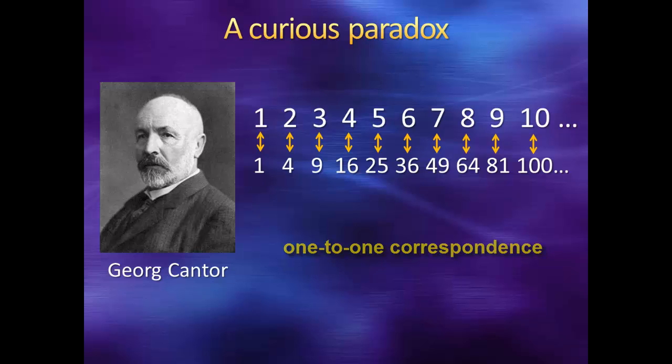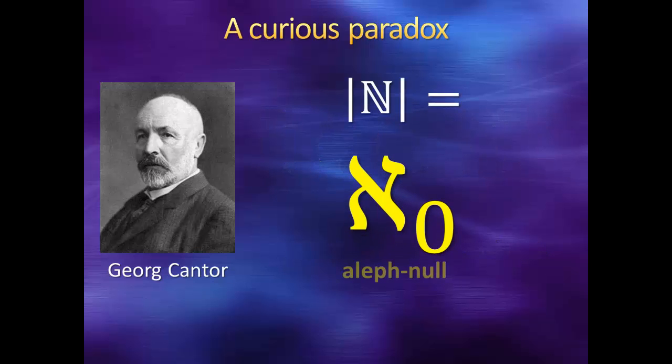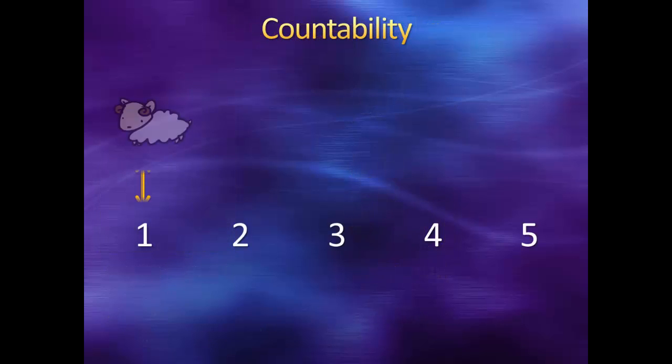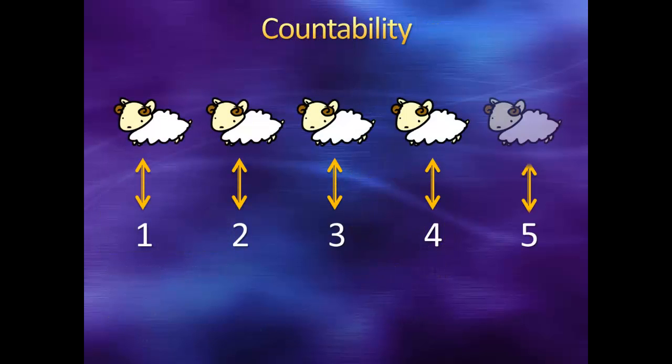Cantor gave the cardinality of the natural numbers its own name. He called it Aleph Null. Aleph is the first letter of the Hebrew alphabet. From there, he defined a countable set as a set with the same cardinality as some subset of the natural numbers. Remember that when we count something, say 5 sheep, we're pairing each one with a natural number, starting at 1 and incrementing by 1 each time.